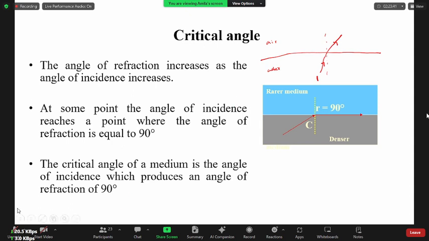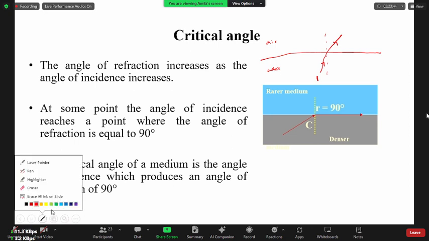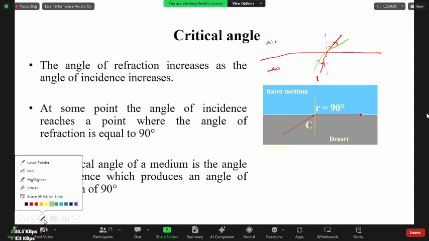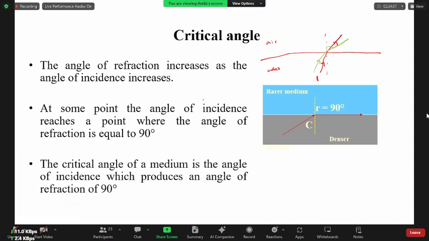So now I will increase the angle like this. Once you increase this angle, the refracted angle also increases. So it will go like this. Now the angle is this. Then I will increase more, like this, so it will go like this.